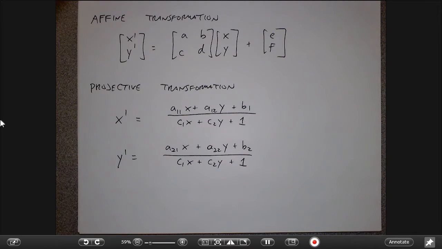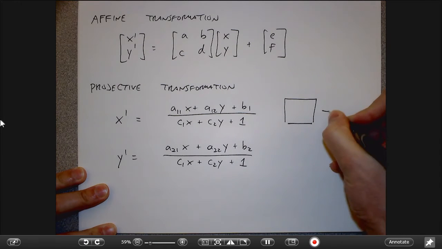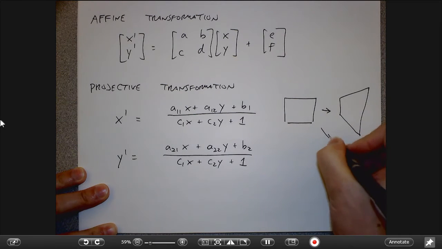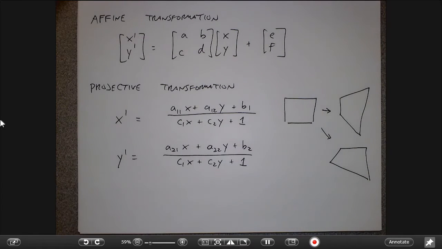Adding this denominator part is what allows me to do some more arbitrary transformations of the image. So a projective transformation can take any original rectangular image and basically put those 4 corners anywhere that I want. And so there's no requirement that what comes out of a projective transformation needs to be a parallelogram anymore. It could just be an arbitrary quadrilateral.